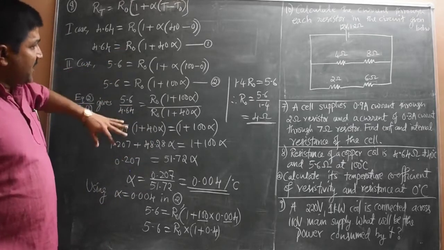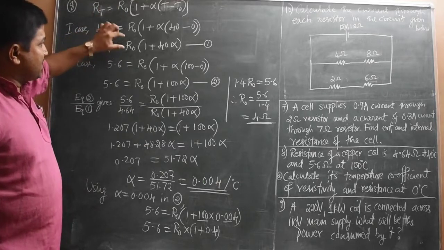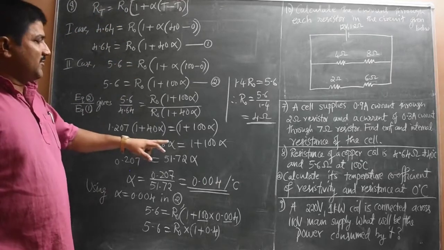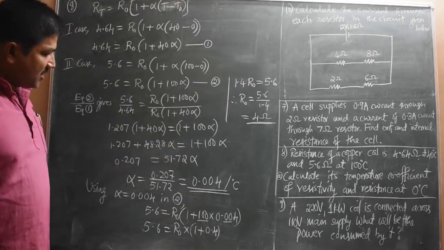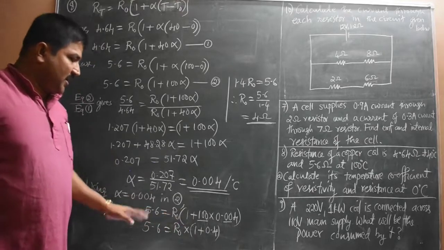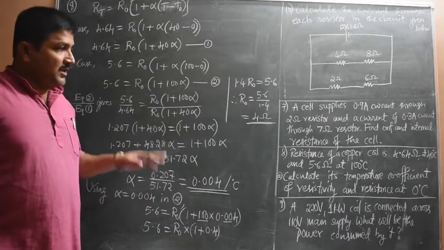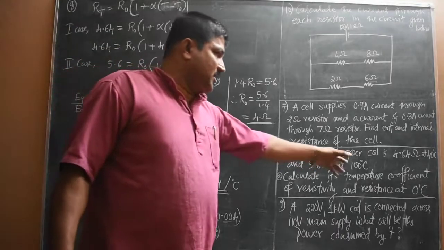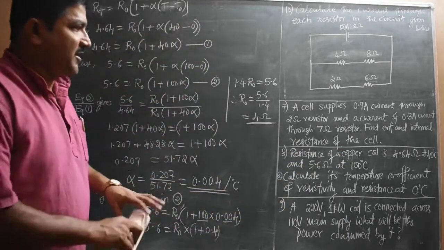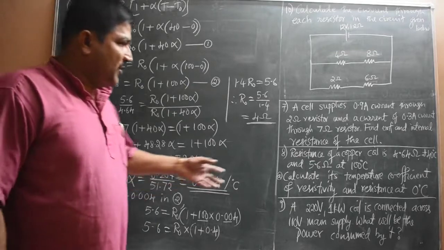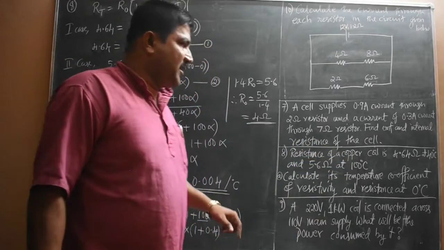Or by dividing one equation by another, R0 cancels easily. We get the value of alpha, then we find the R0 value using the alpha value. Okay, so this is the problem based on the temperature dependence of resistance of a copper coil at two different temperatures and finding the R0 value.